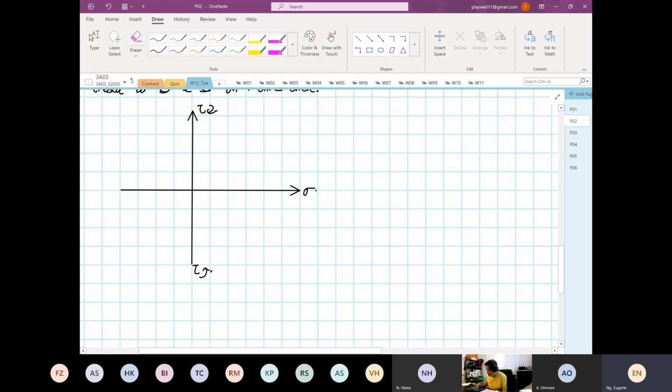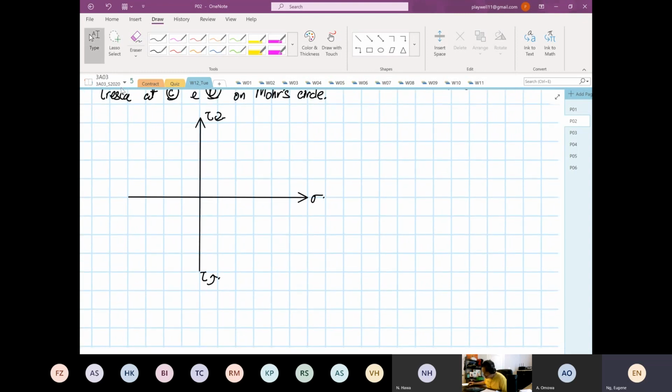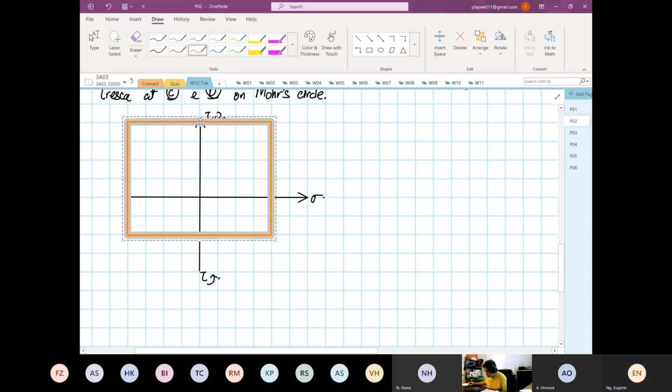This is our normal stress, and I'm going to sketch in our operating boundary. I'm going to draw it bigger. So this is our operating boundary.